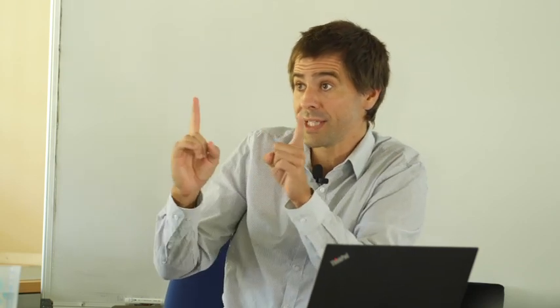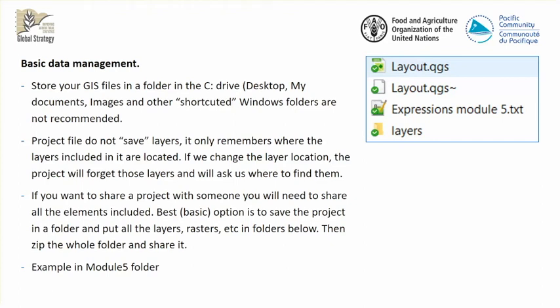But the project will first try to find the data below, and if it finds the same common path for the last folder, it will be able to retrieve the data. So if we want to share a project and the layers, we put them in the same folder, with the layers below, and we zip all that together. We send it by email or share it in Dropbox, and he will just need to unzip, double-click, and everything will be open.